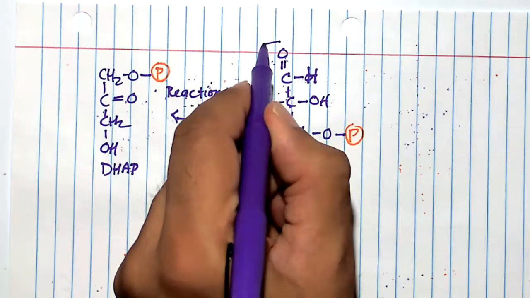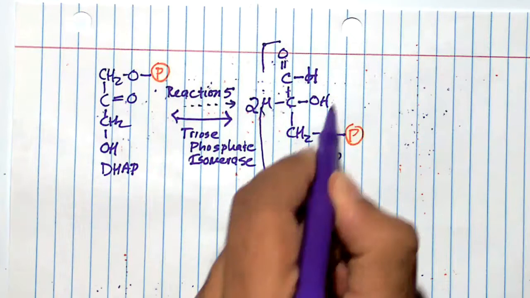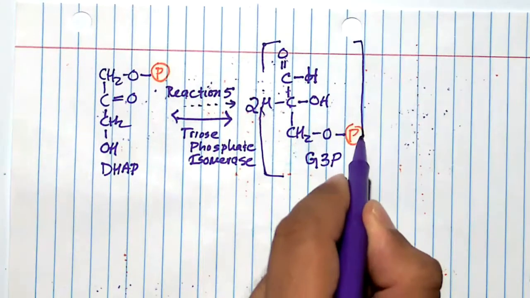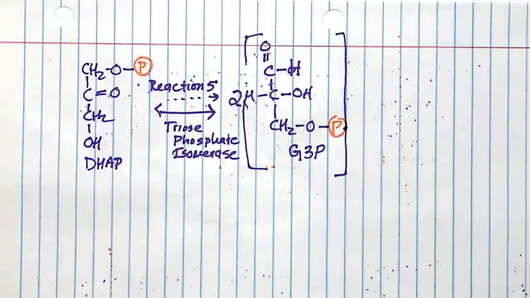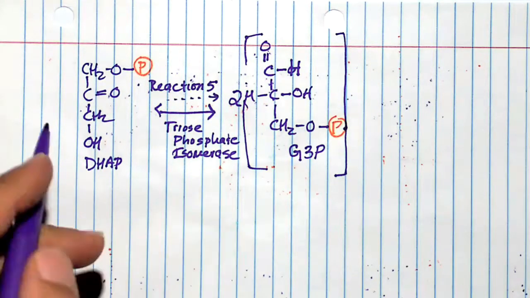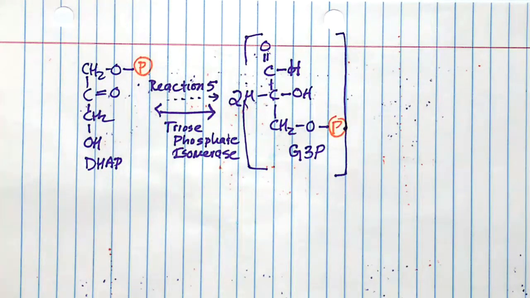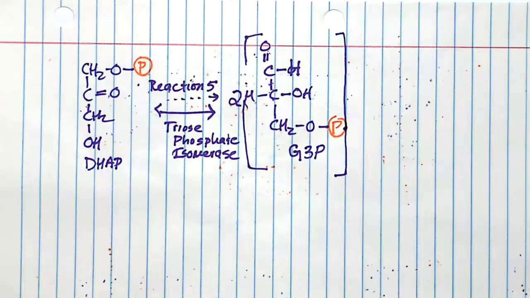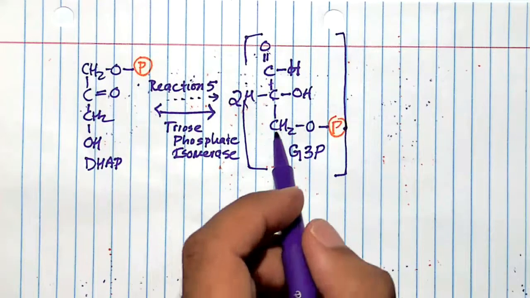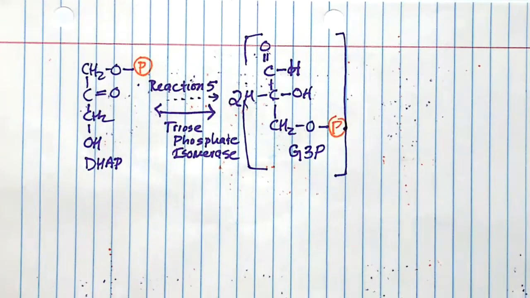So the net effect is you have 2 molecules of G3P that are generated. Okay? So triose phosphate isomerase can go both ways dependent on the flux, but for glycolysis, all of the DHAP goes to G3P. So from here on out, we have 2 molecules of G3P that enter into the glycolytic pathway.